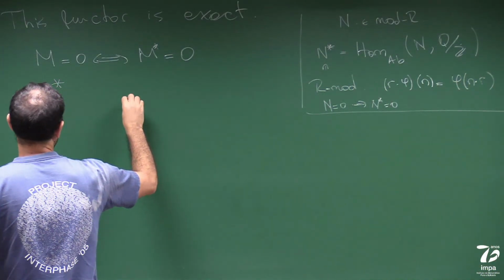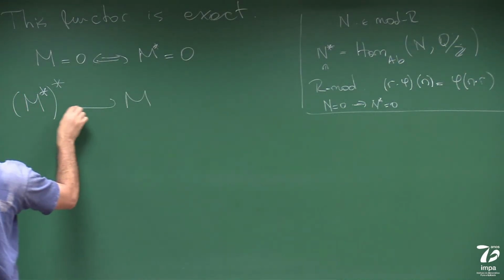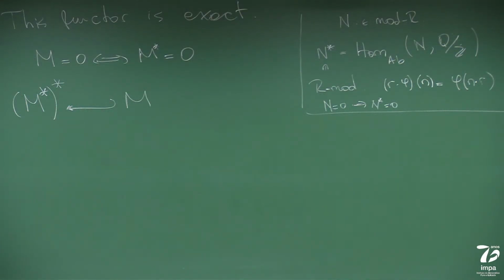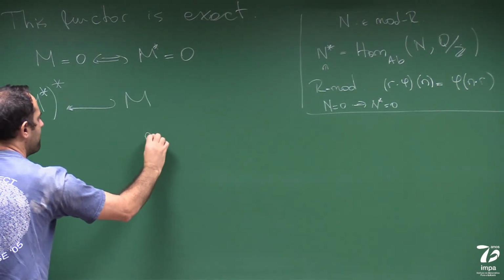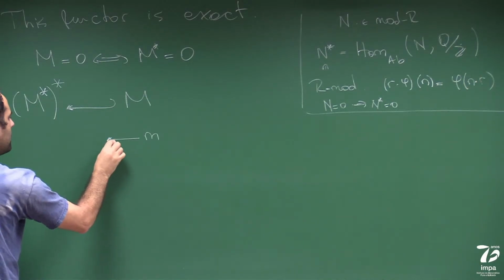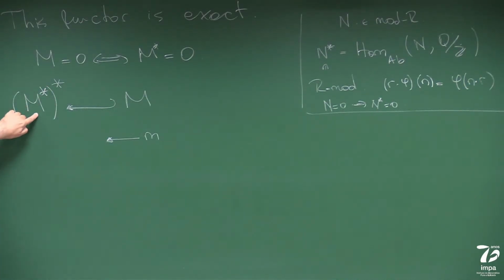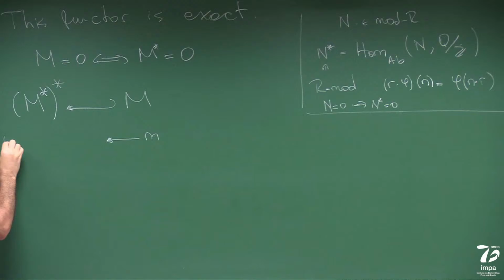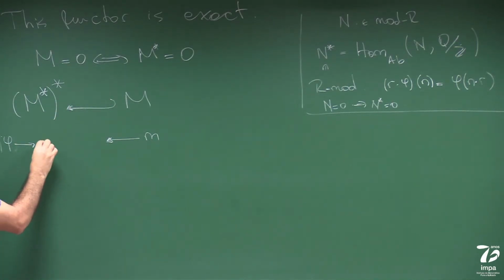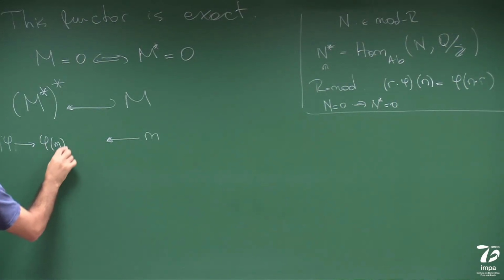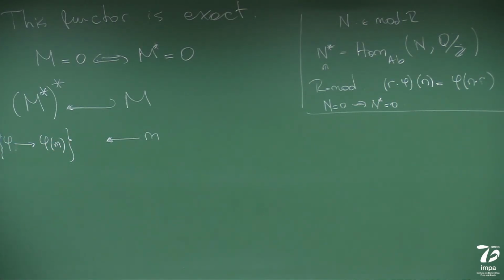So what we have is a map from M to this double dual, which just takes M, and it needs to give me an element in the dual of M dual. So it needs to give me something that maps phi, which is in M dual, to an element in Q mod Z. So this is going to be phi applied to M. And now this is an easy lemma.